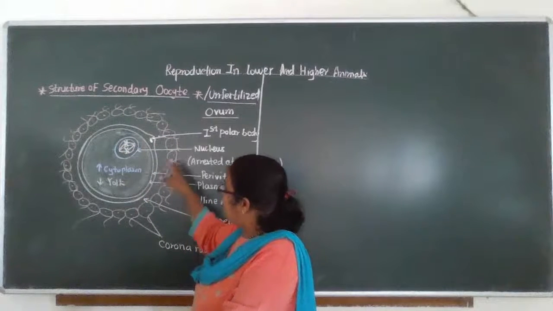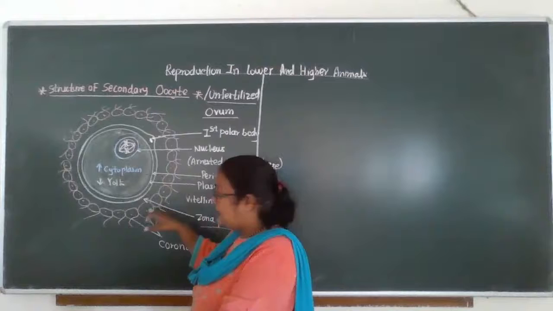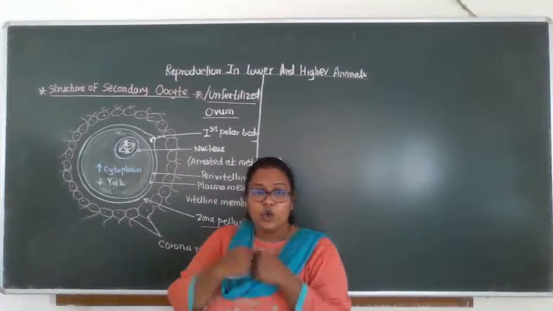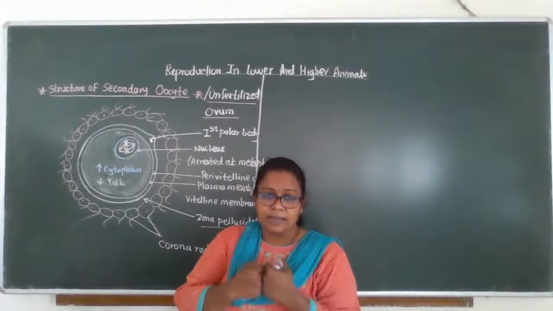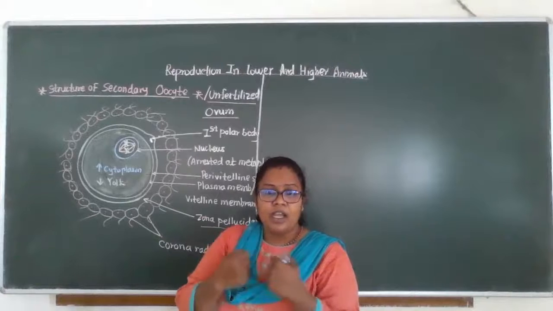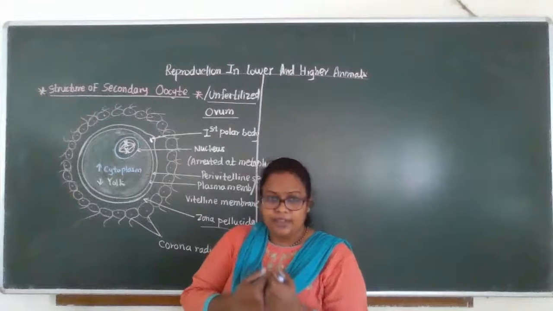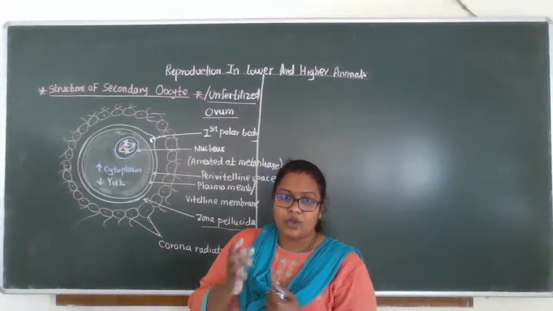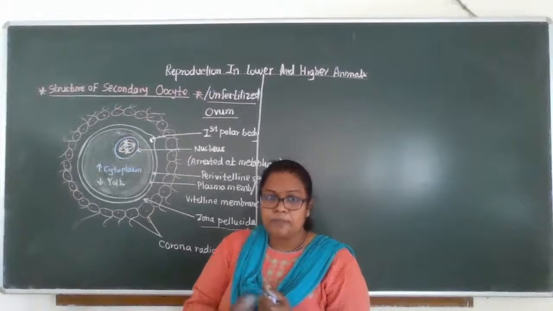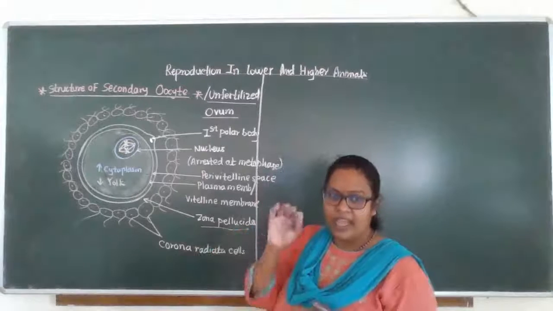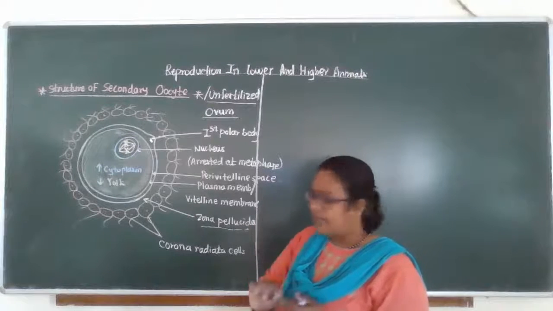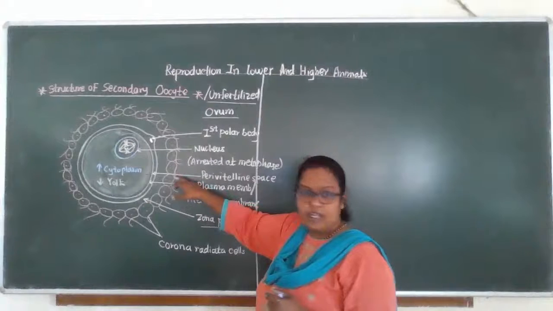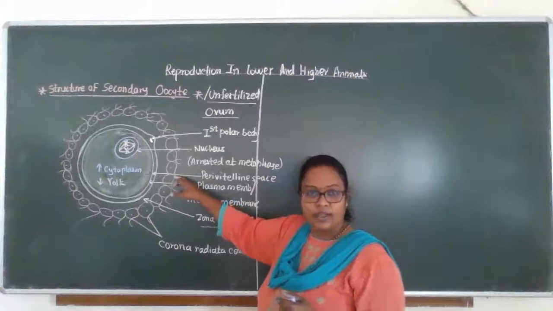These corona radiata cells are glued to each other by a chemical named hyaluronic acid. You are familiar with the word hyaluronidase enzyme, right? It especially has the ability to lyse this hyaluronic acid. Clear?